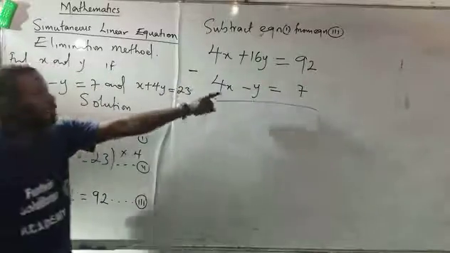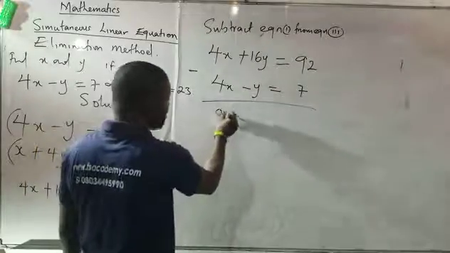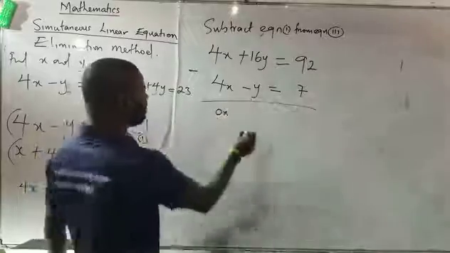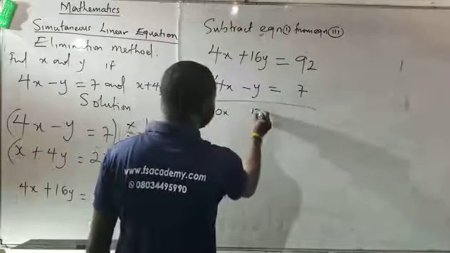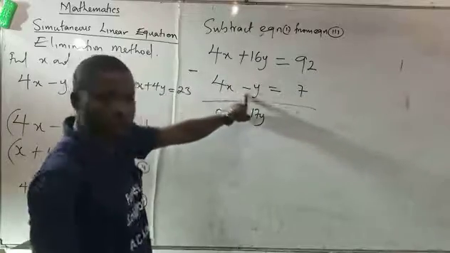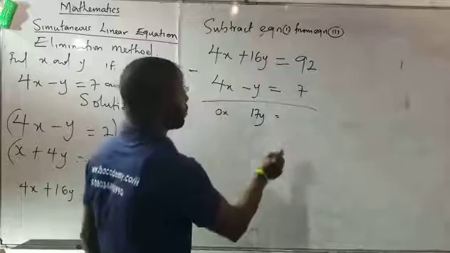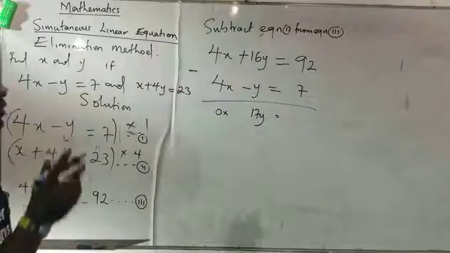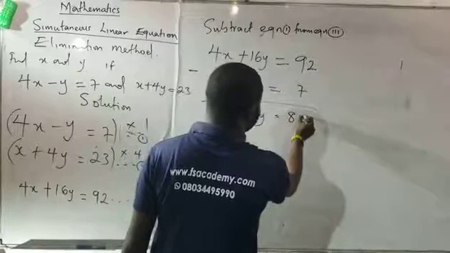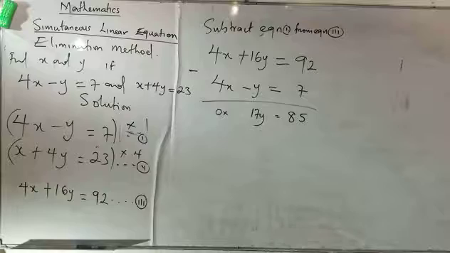Now, look at this. This minus this will give us 0, which is 0x, which is no problem. This will give us 17y, since 16 minus a minus becomes a plus. And this minus this, 92 minus 7, will be 85.